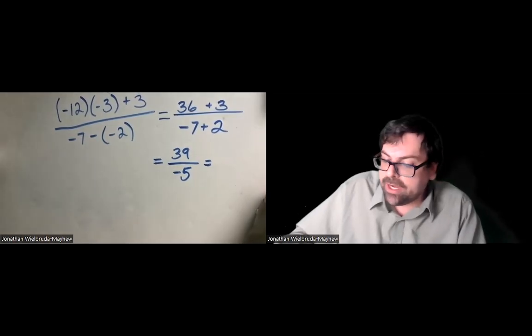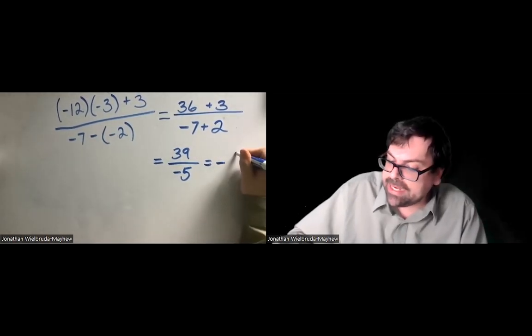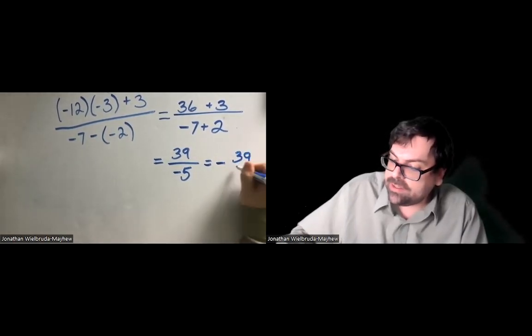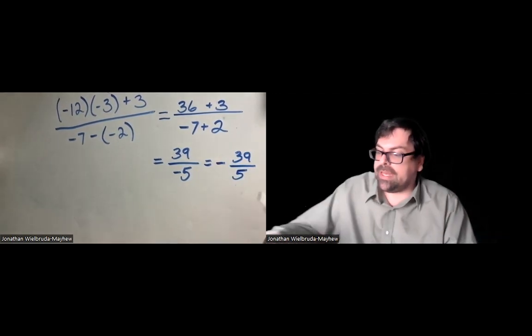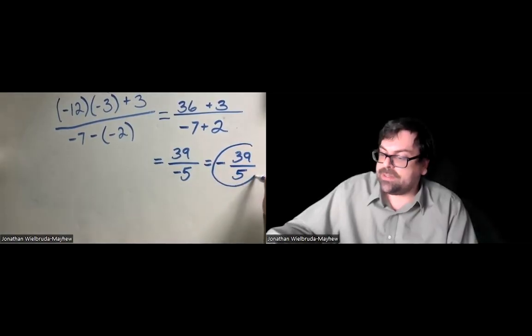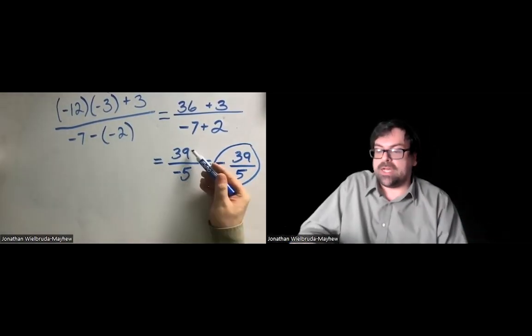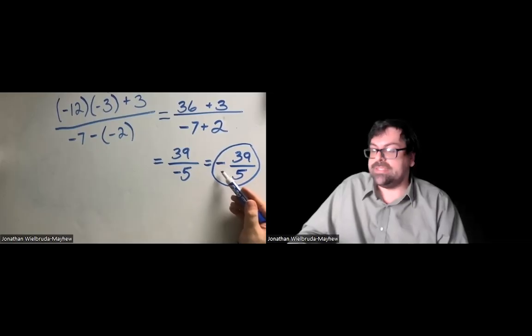So either 39 over -5, or we can take that negative out to the front and get -39 fifths. Why? Because positive divided by negative is negative overall.